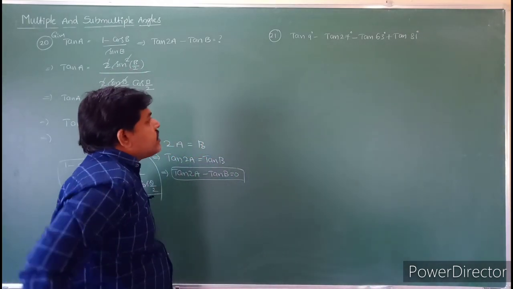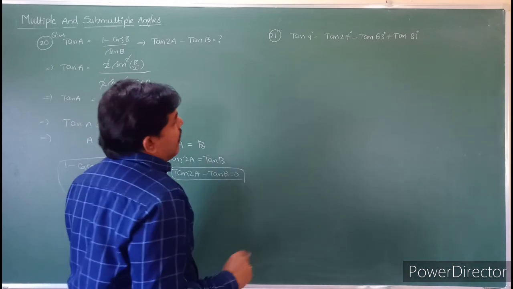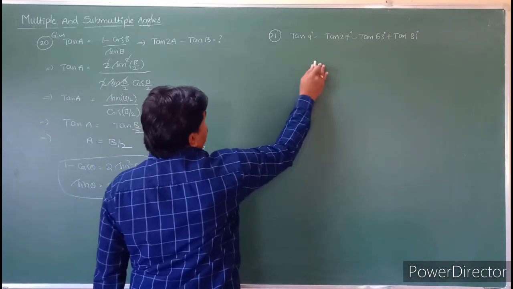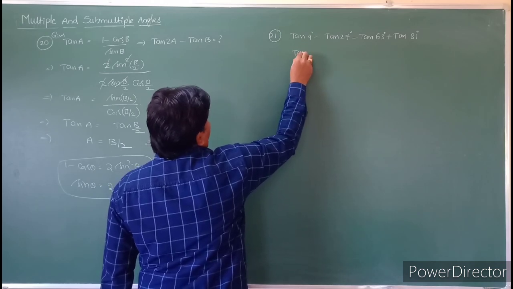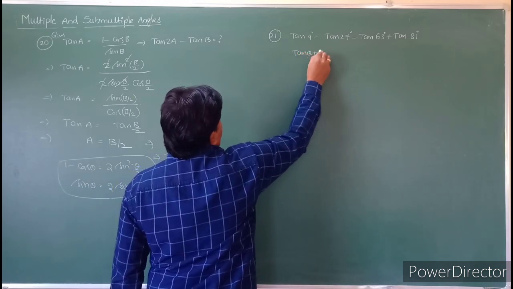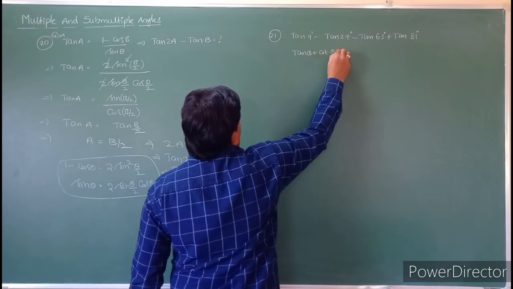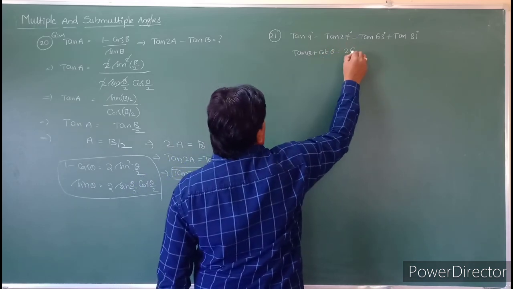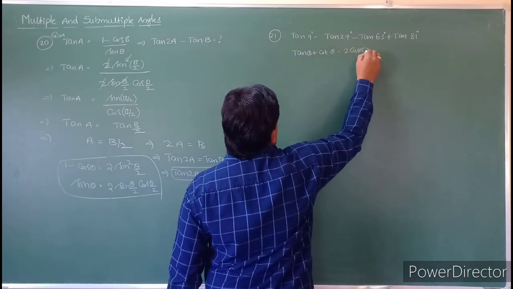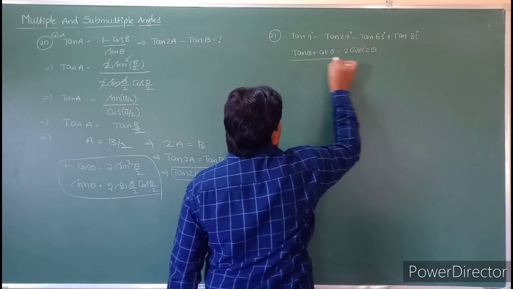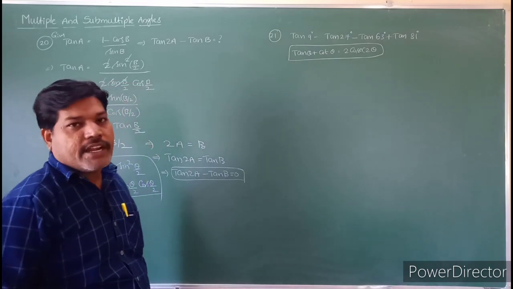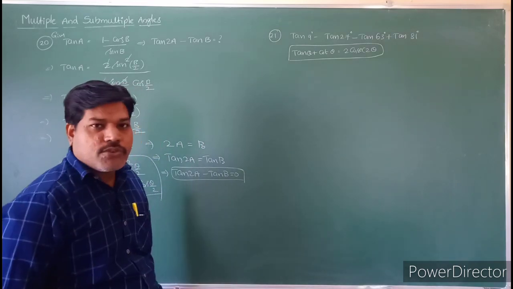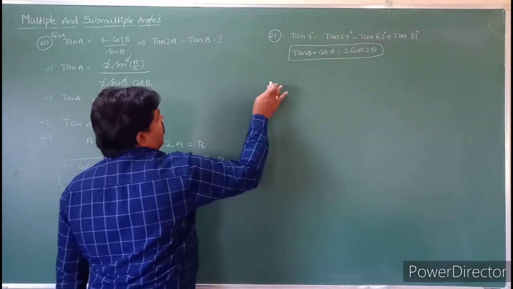So see how to solve this one. I have already given one formula: tan theta plus cot theta is equal to 2 cosecant 2 theta. I have already given this formula, students.